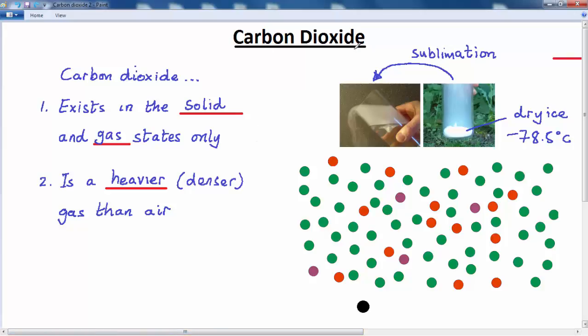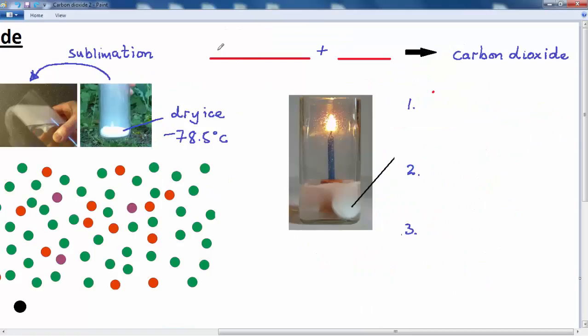Now, how can we produce carbon dioxide? One of the ways in which we can do that is to add a type of substance called a carbonate, of which you will probably have a number of examples in your kitchen, to an acid.